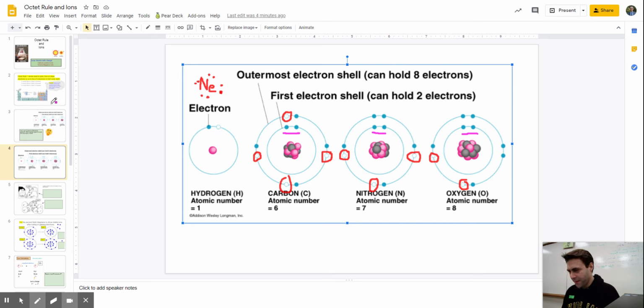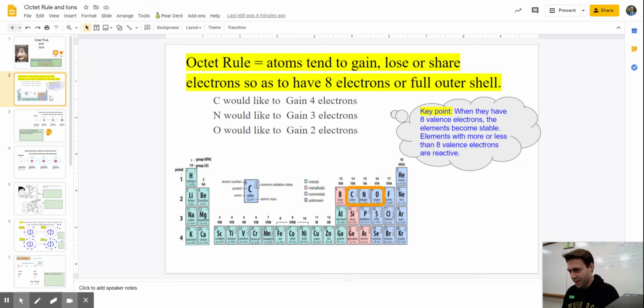Okay, so the big takeaway here, let me go back here. The big takeaway is that atoms tend to gain, lose, or share electrons as to have 8 or a full outer shell.